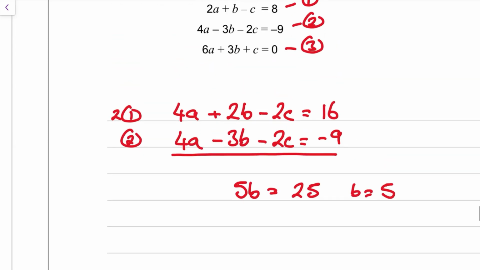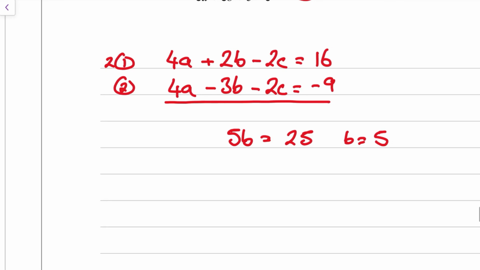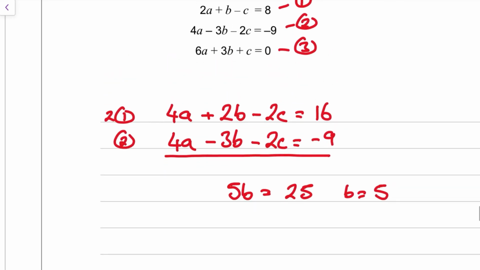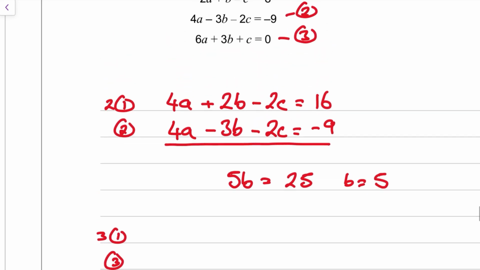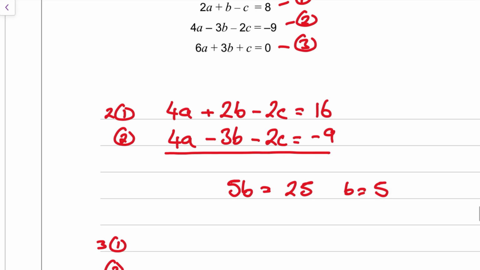Next one, I've done 1, so let's do 3 times 1 against 3. Let's pull this down, I can see it all in one go. So 3 times 1 is 6a plus 3b minus 3c equals 24.